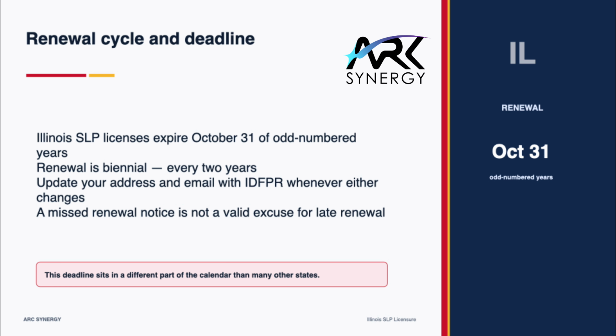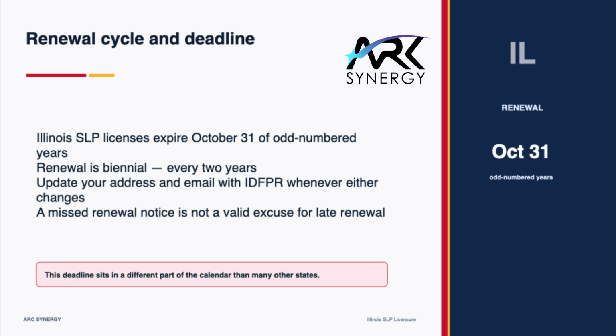As I said, Illinois SLP licenses expire October 31st of odd numbered years. It is a biennial cycle, so it renews every 2 years. If you are used to even year renewal expiration dates or even December deadlines from other states, you just have to be reminded that this one is odd numbered years.